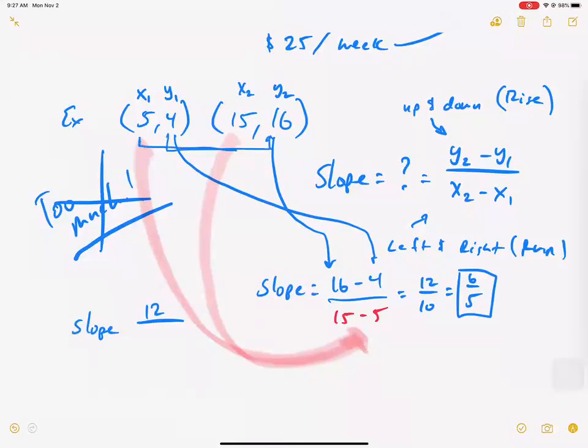From 5 to 15, you ran 10 spaces. That's the same thing that we did here. So you can do them both ways. You can either subtract, or you can count from 5 to 15, that's my run, and from 4 to 16, that's my rise, and it gives us the same answer.